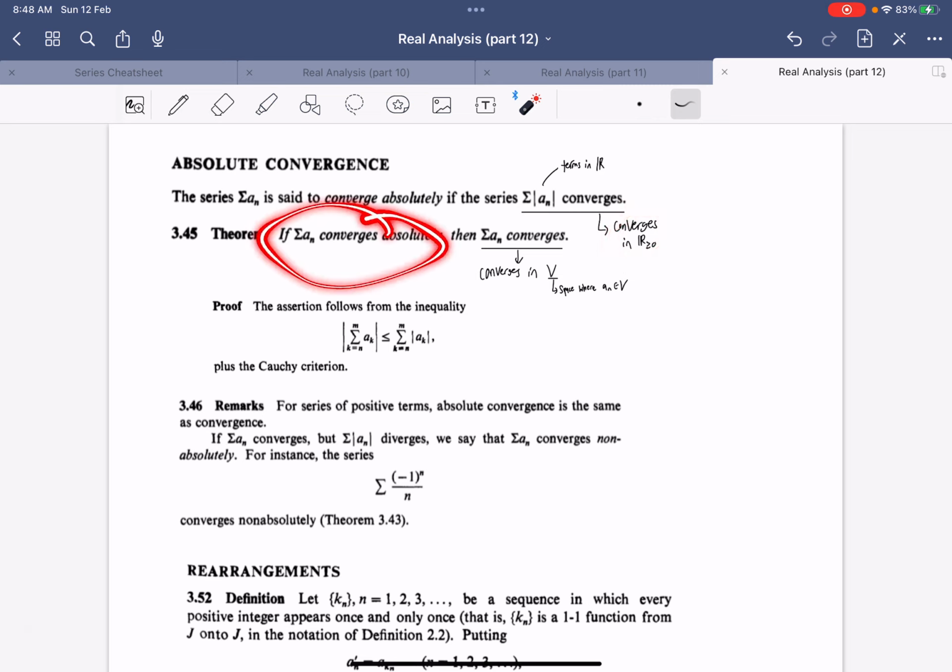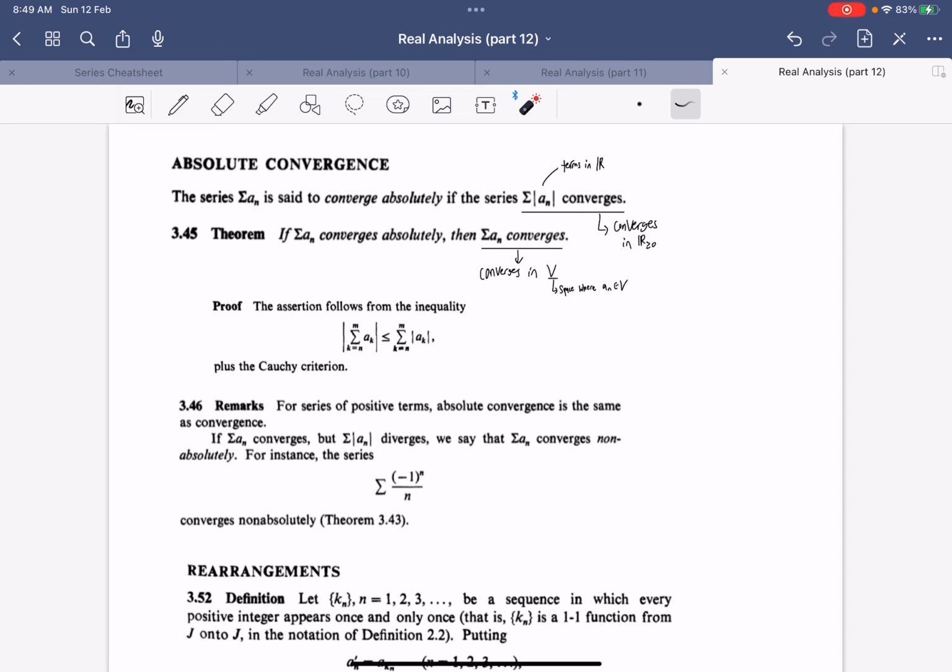And so if a series is absolutely convergent, then it converges itself. It really just follows from using the triangle inequality, and because the real numbers are Cauchy complete, this will be using the Cauchy criterion. And so if a series has just positive terms, then absolute convergence is the same as convergence.